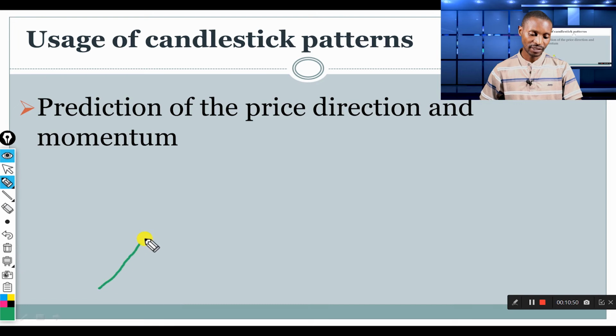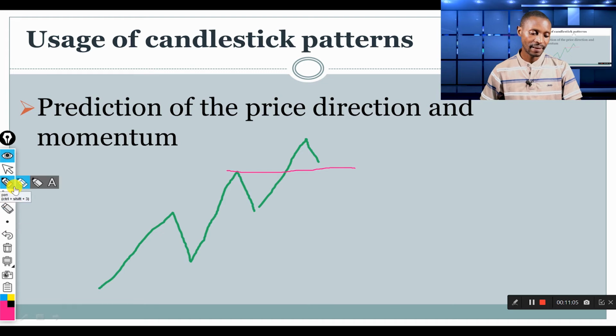Let's say the price was pushing up like this, and then the market comes back to this resistance which is broken, and let's say you get a big bullish candlestick pattern here, and you get a big bullish candlestick pattern here.